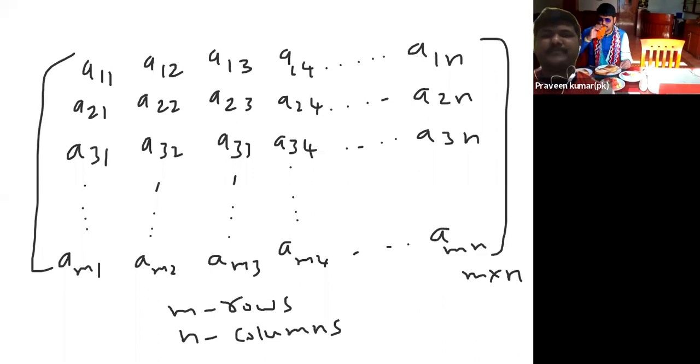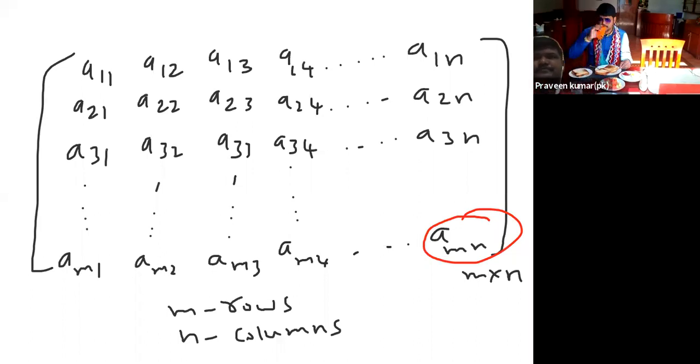Okay. If it is 2 by 2 matrix, A22 is end. 2 by 3 matrix, up to A23 we are writing. 2 by 4 means A24. 3 by 1 means A31. Like that. So many are possible. Right? So this is the order of the matrix.